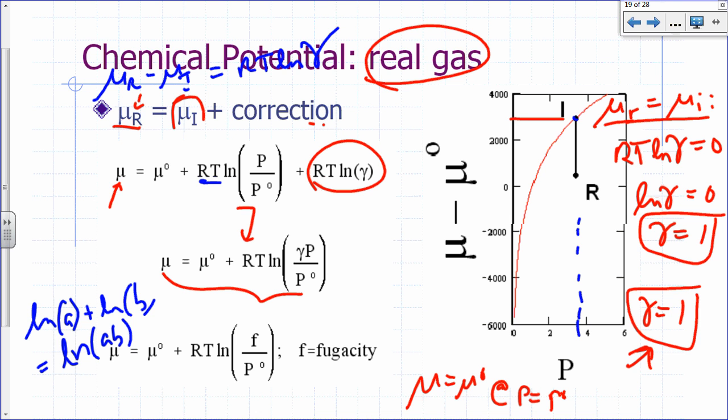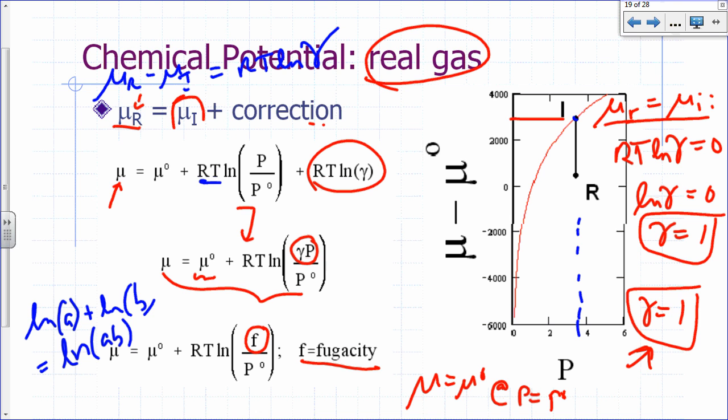This term right here, gamma times the pressure, is defined as what we call the fugacity of the gas. So the chemical potential of a real gas is just the chemical potential of the standard state, which would be an ideal gas, its chemical potential if it were behaving ideally and at 1 bar pressure.